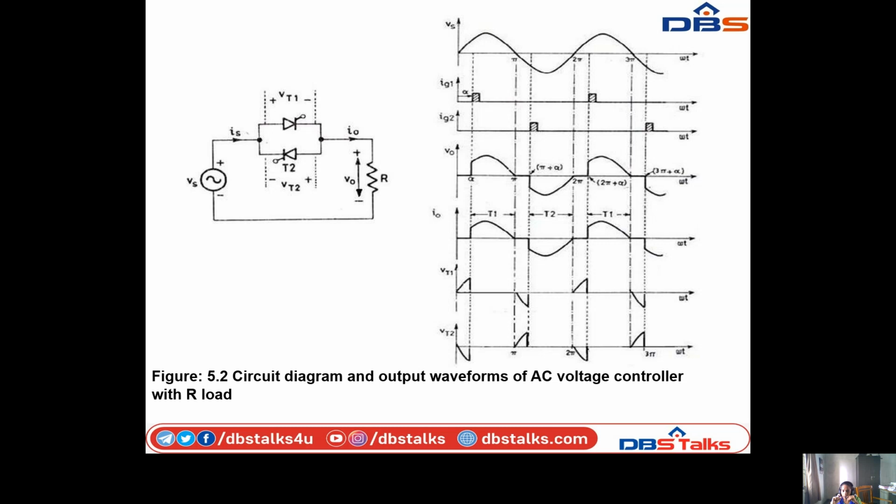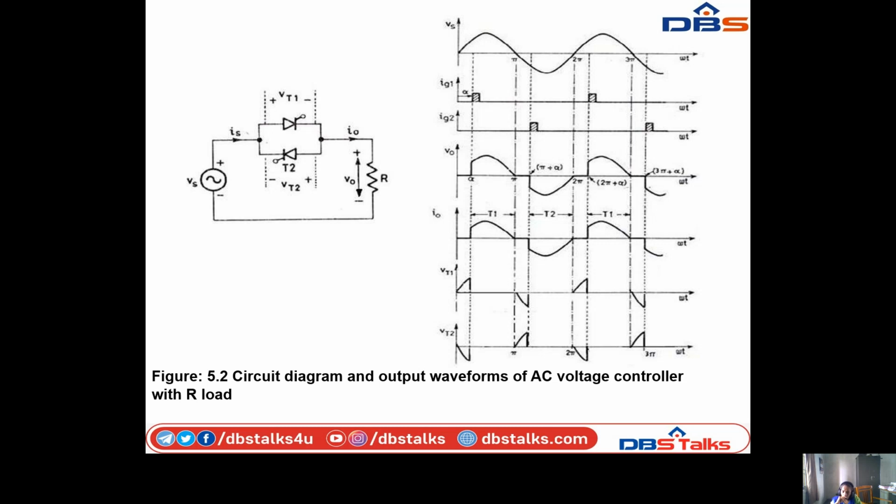From pi to pi plus alpha there is no current flowing through the thyristor, so that's why the thyristor voltage is obtained. And again from 2 pi to 2 pi plus alpha, the thyristor VT1 voltage will be obtained. Next, from 3 pi to 3 pi plus alpha in negative mode.